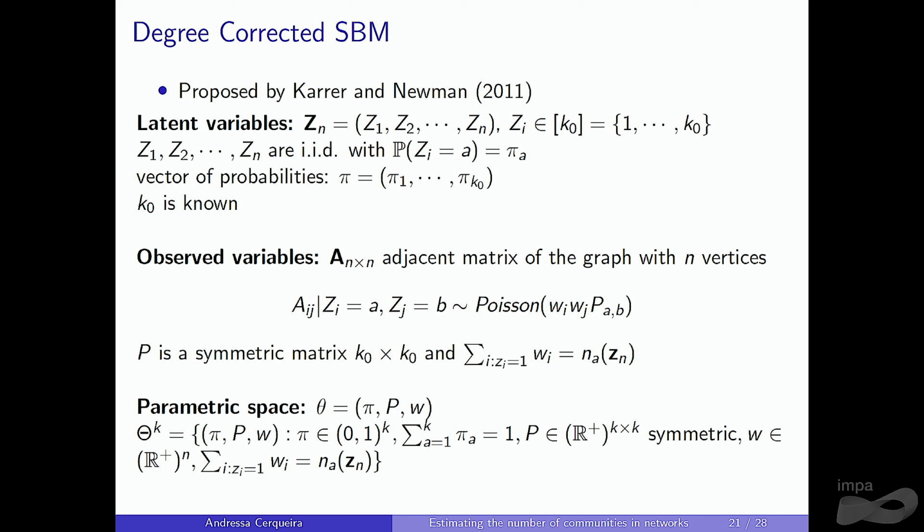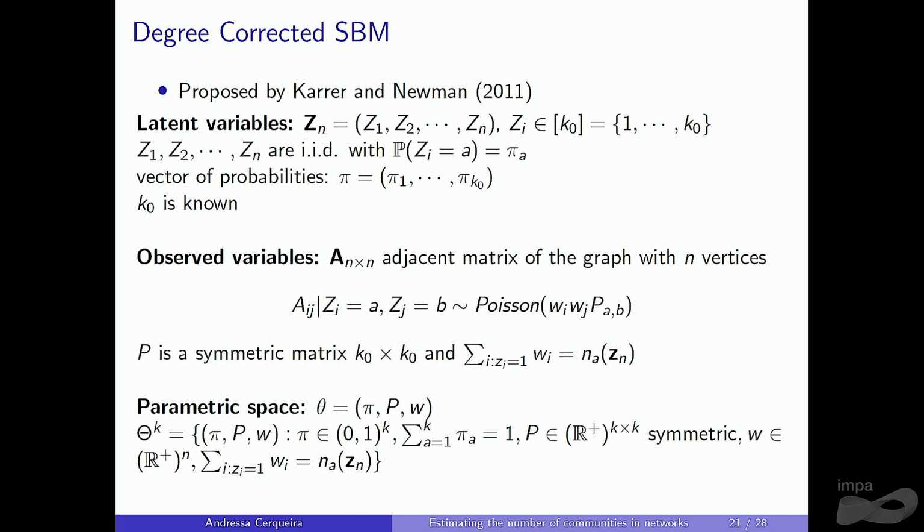So for the observed random variables, I need to look at whether node I belongs to community A and node J belongs to community B. Then the weight of the connection between I and J is given by a Poisson with a parameter that depends on the communities and also on what Keith called the popularity of the nodes.